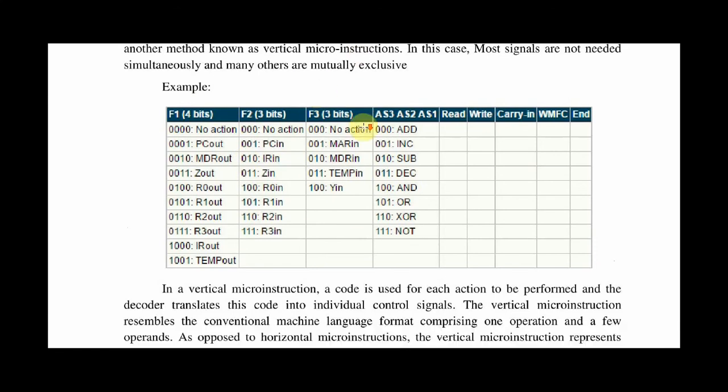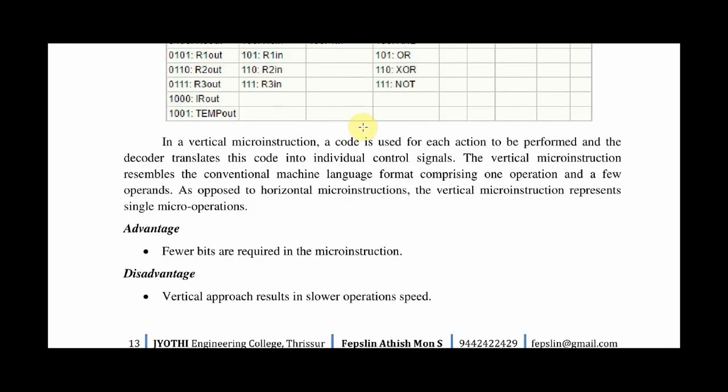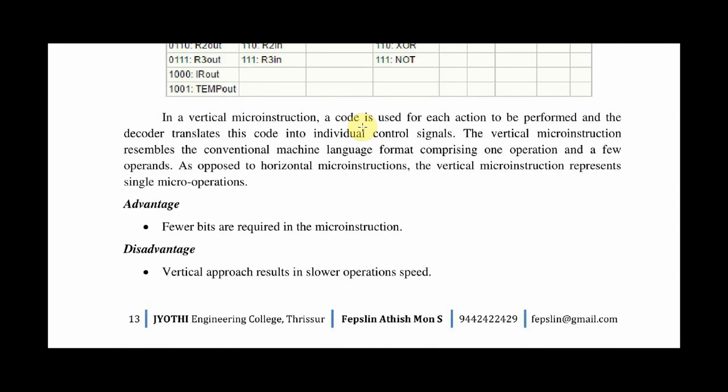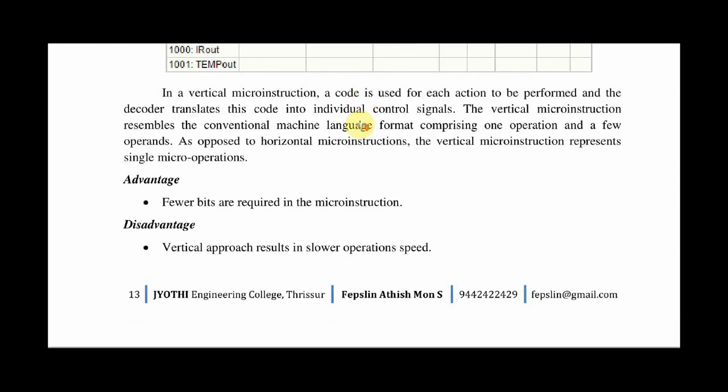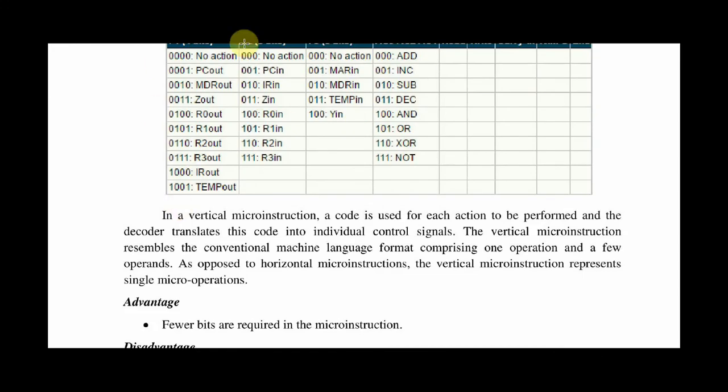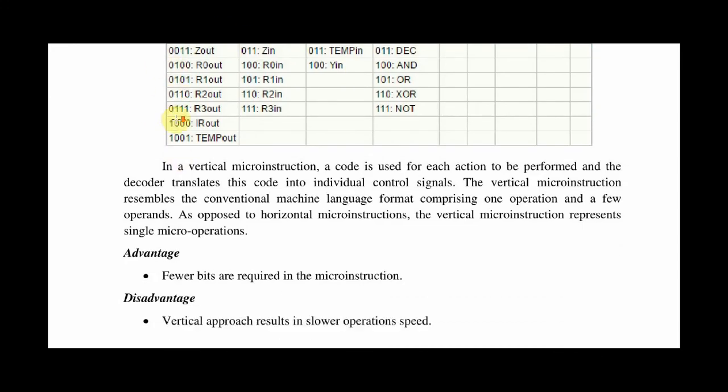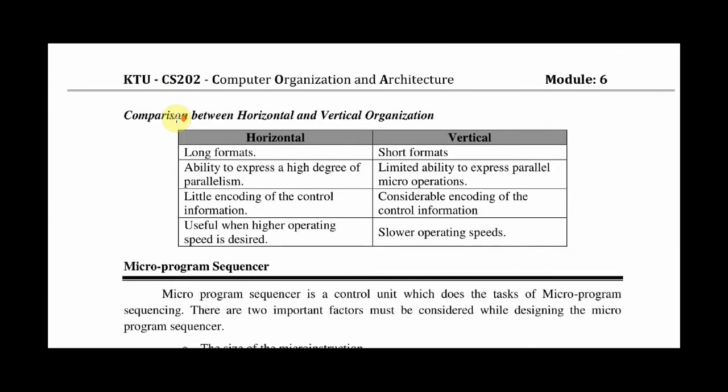The advantage here, compared with horizontal, is that fewer bits are required, but the disadvantage is that it is a little slower than horizontal organization, since it requires decoding. We use a coding technique, so it requires decoding for processing.